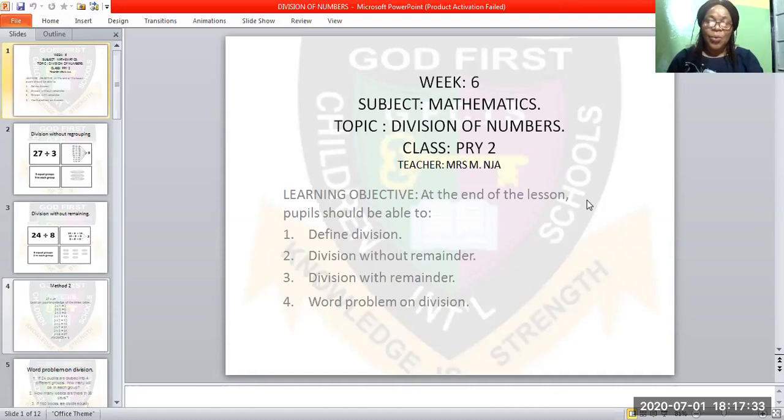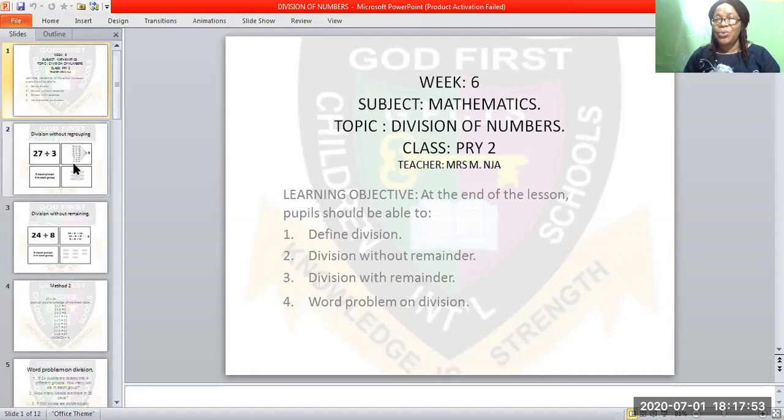And then we will work out division with remainder. And then we check the word problem as it pertains to division. Okay, so let's look at our first slide.